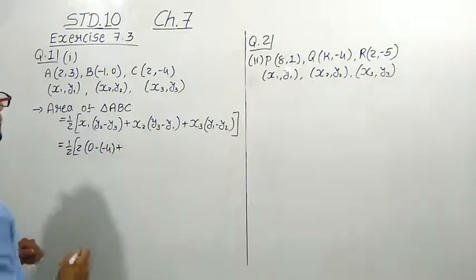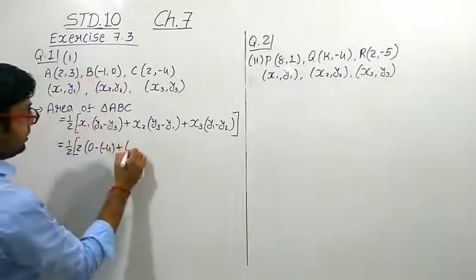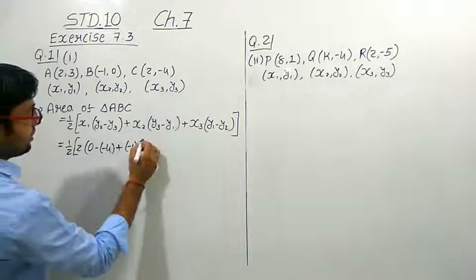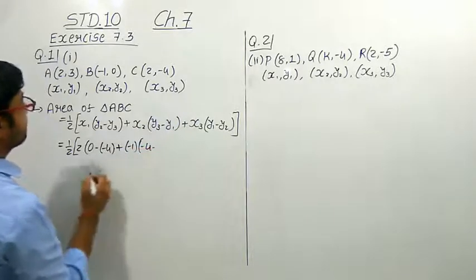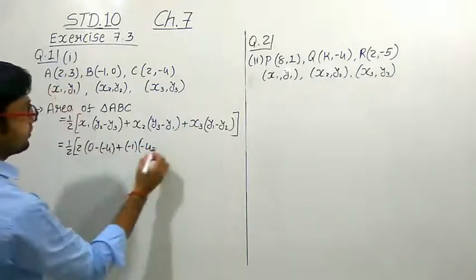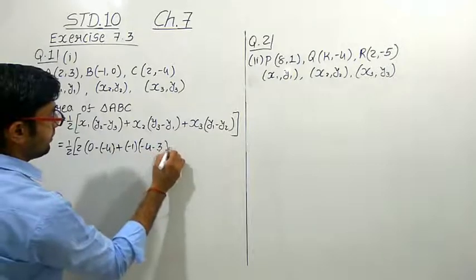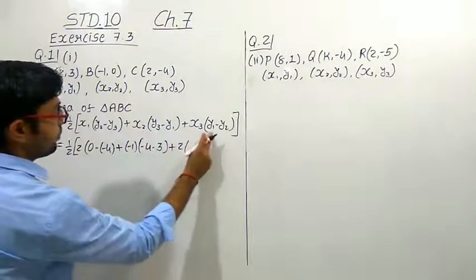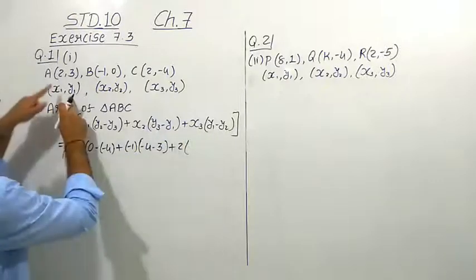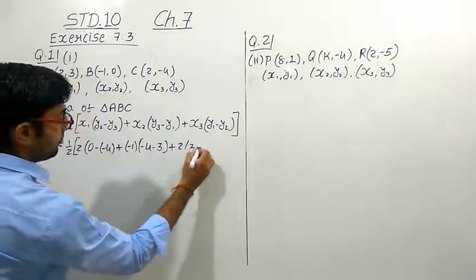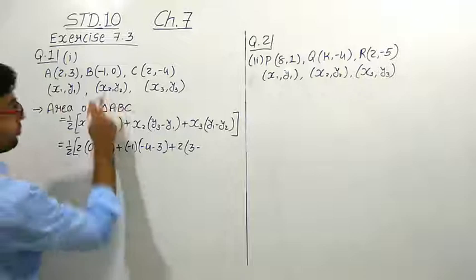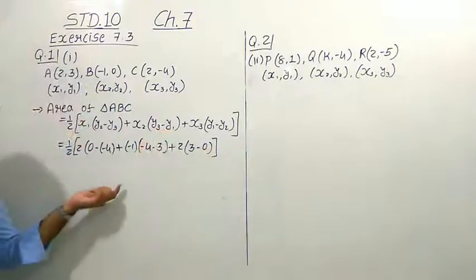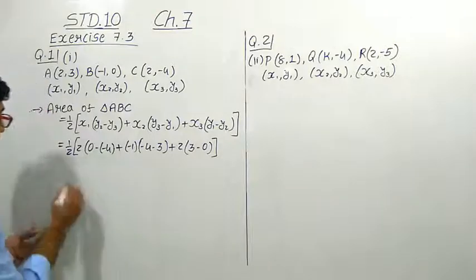Plus x2, which is minus 1, times y3 which is minus 4, minus y1 which is 3, plus x3 which is 2, times y1 minus y2, that is 3 minus 0. So here we put all the values. Now let us simplify it.